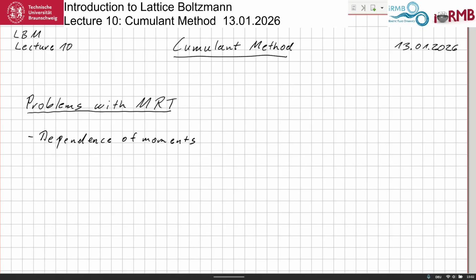And we've also seen a way to overcome this, but this was a little bit strange, and we would also like to understand this better. We could overcome this only with a weighted orthogonality.